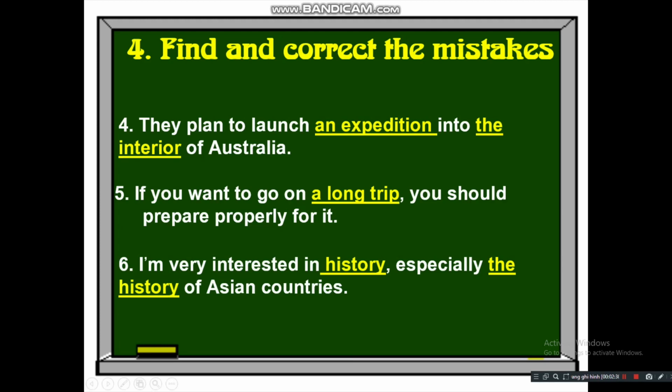So in number 6, they're talking about history in the vast meaning of everything. But in the second history, they're talking about the history of Asian cultures. So it's something specific. So you would add "the" in the front.